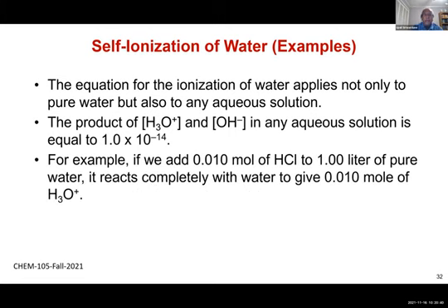For example, if we add 0.010 mole of HCl to 1 liter of pure water, when you calculate the hydronium ion concentration, HCl breaks up completely to hydronium ion, therefore producing for 1 liter 0.010 mole of hydronium ion.